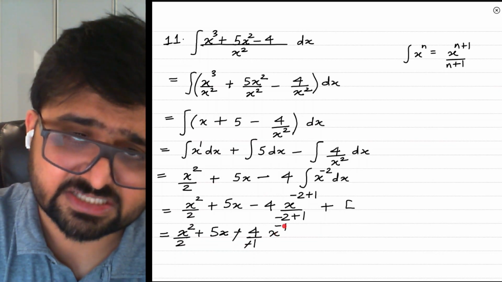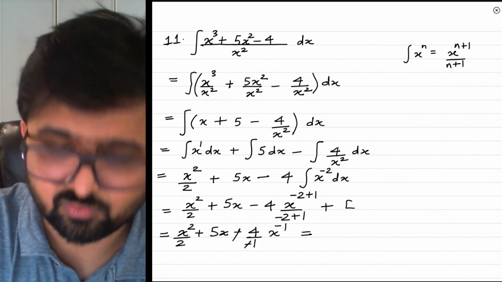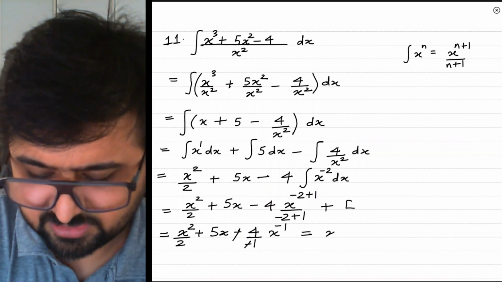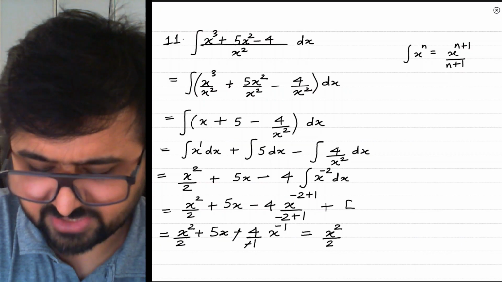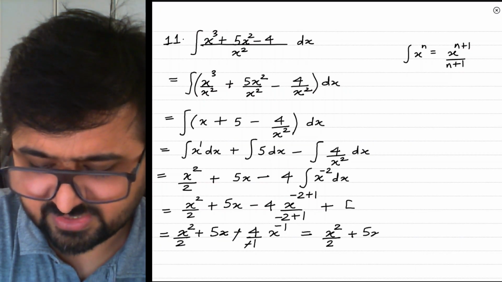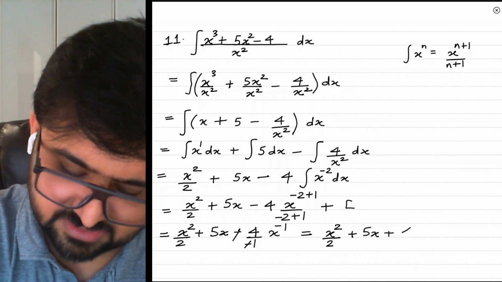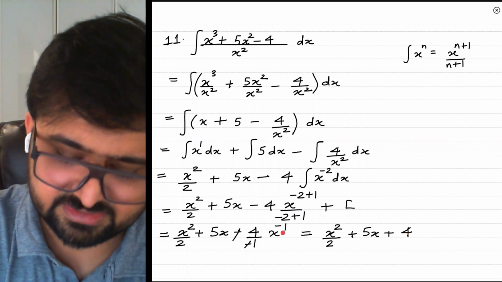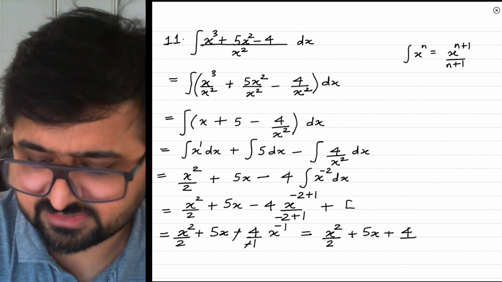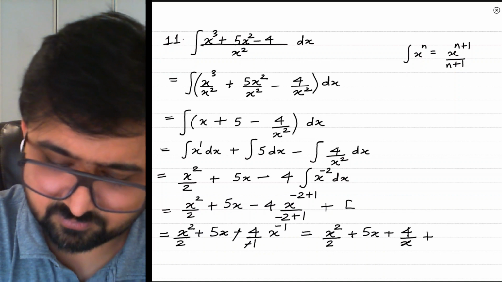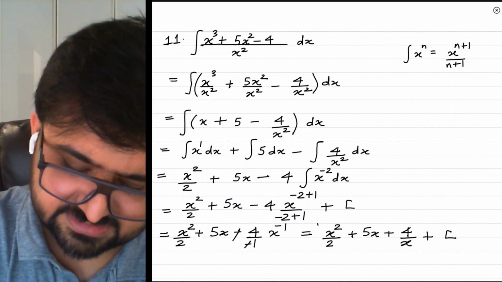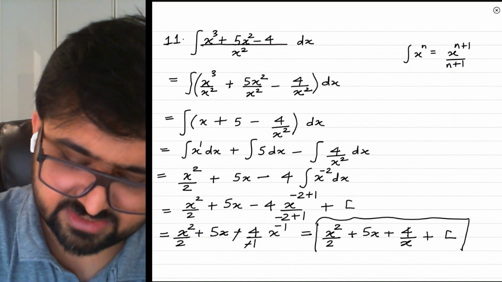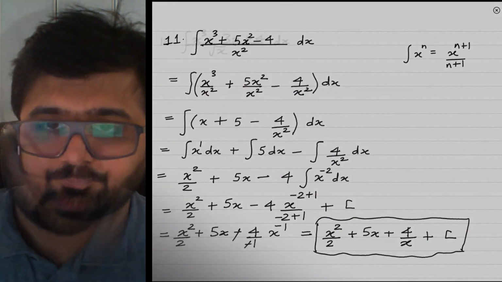Okay, and that x to the power minus 1 is nothing but 1 over x. So you are left with x squared by 2 plus 5x plus 4 over x plus that constant c. That's my result of the integral.